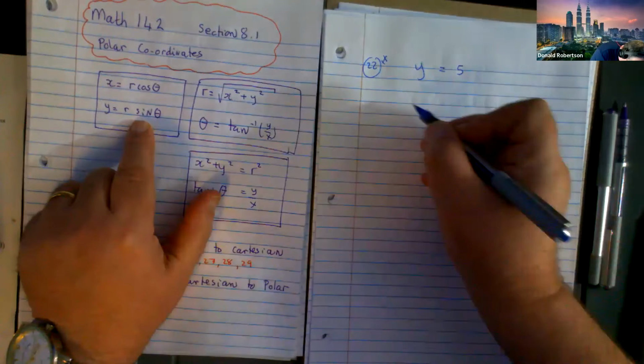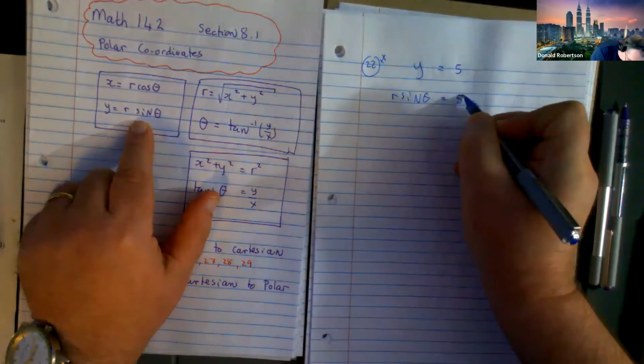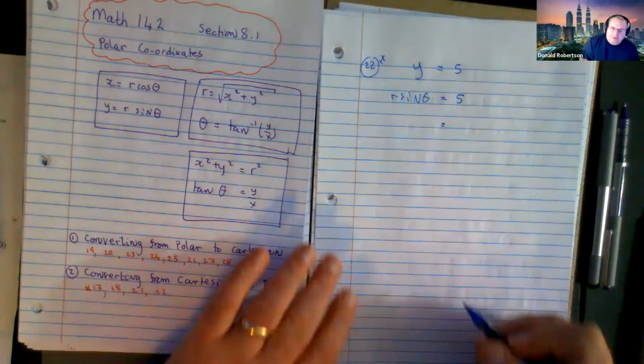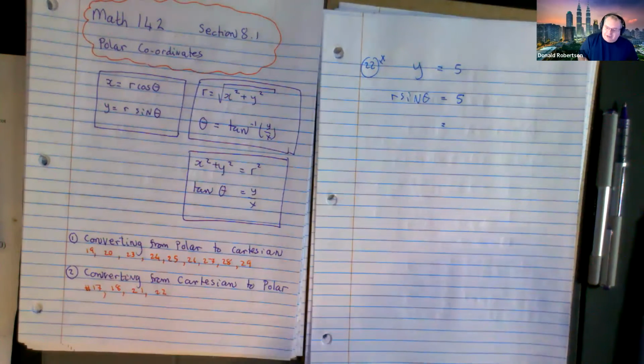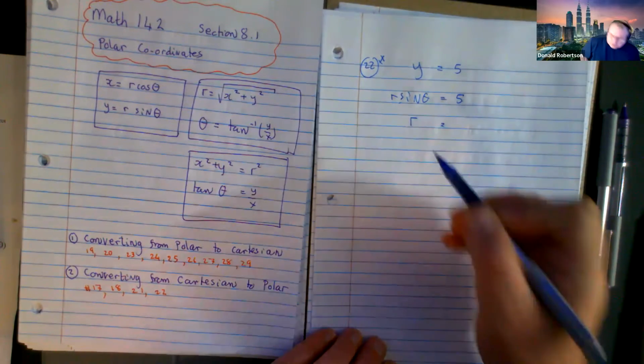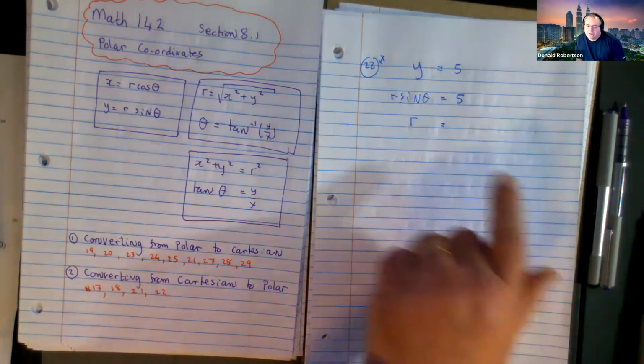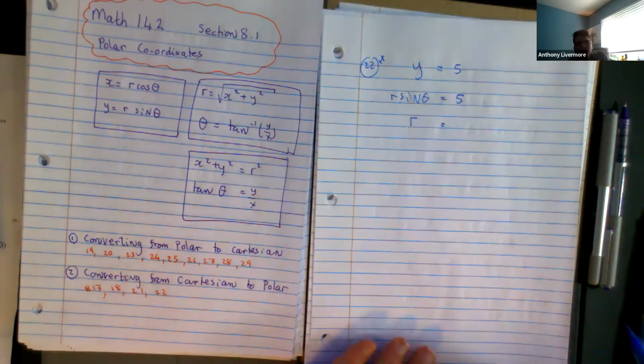Well, y equals 5. y gets replaced by r sine theta. So this one should be a pretty straightforward one. Remember, one of my 2 goals is to get r on its own. So if I wanted to get r on its own, what would I do to both sides? Divide by sine theta.